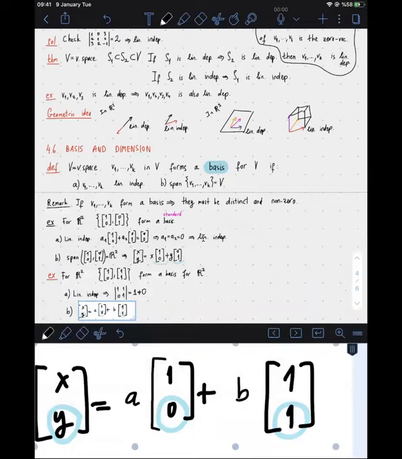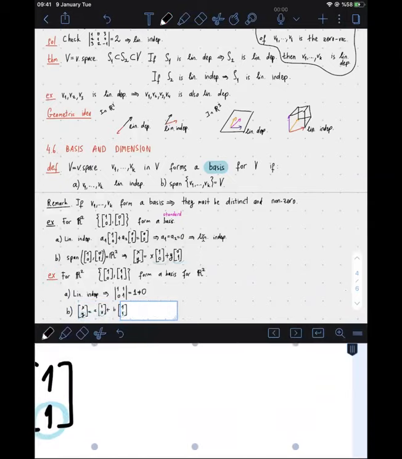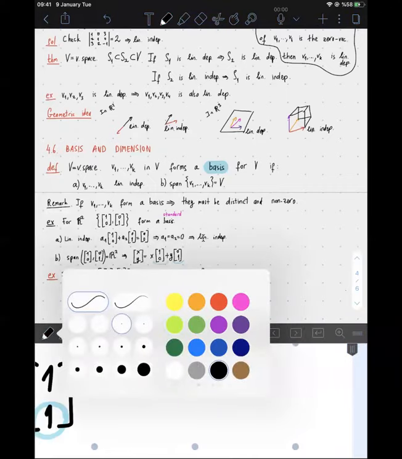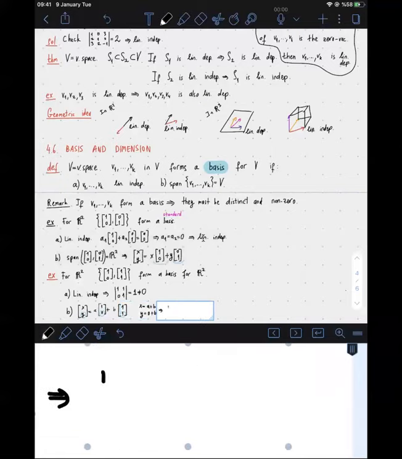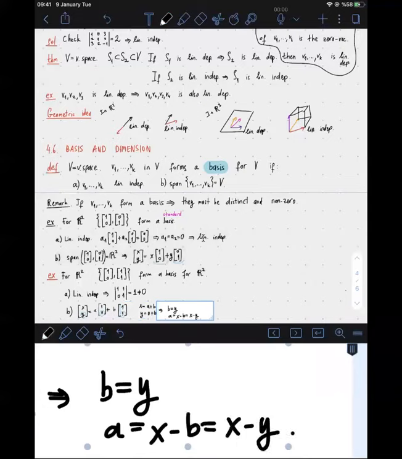If you look at the components, the equations really look like this: x equals A plus B and y equals 0 plus B. So the solution will be B equals y, and if B is y, then A is x minus B, which is x minus y. So we can always solve this system.